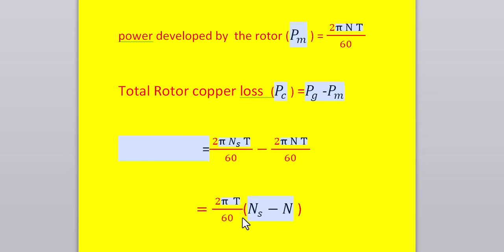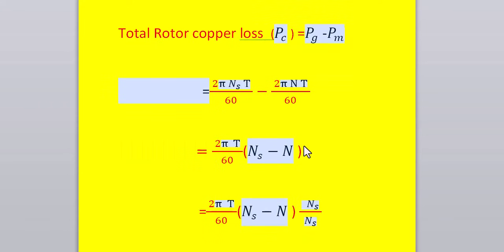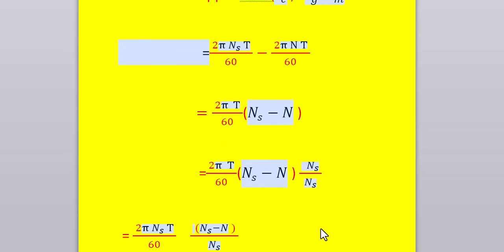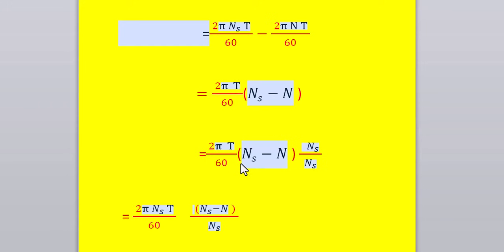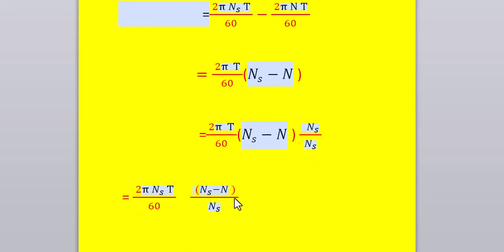If 2 pi T by 60 is taken out, then Ns minus N will come here. Then multiply numerator and denominator with Ns, and then bring this Ns below the Ns minus N, and transfer this Ns to this part, then we get 2 pi Ns T by 60 times (Ns minus N) by Ns, and this (Ns minus N) by Ns is nothing but the slip formula.